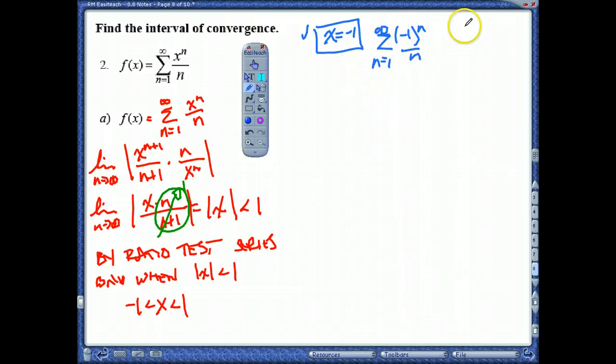Well, it's a perfect alternating series test. So I'm going to put a little alternating test there. So I know that 1 over n plus 1 is less than or equal to 1 over n. I know the limit as n approaches infinity of 1 over n goes to 0. So therefore it converges.